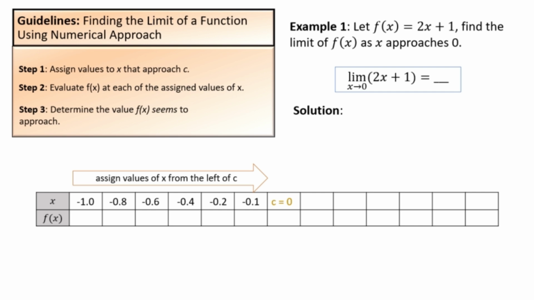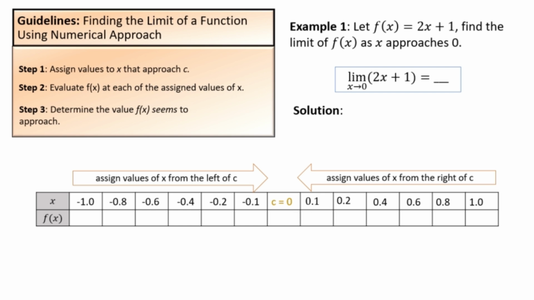Then from the right, we can start with a symmetrical order with respect to the values from the left. So we have 1, 0.8, 0.6, and so on until it goes to 0.1. In this case, it is decreasing from 1 going down to 0.